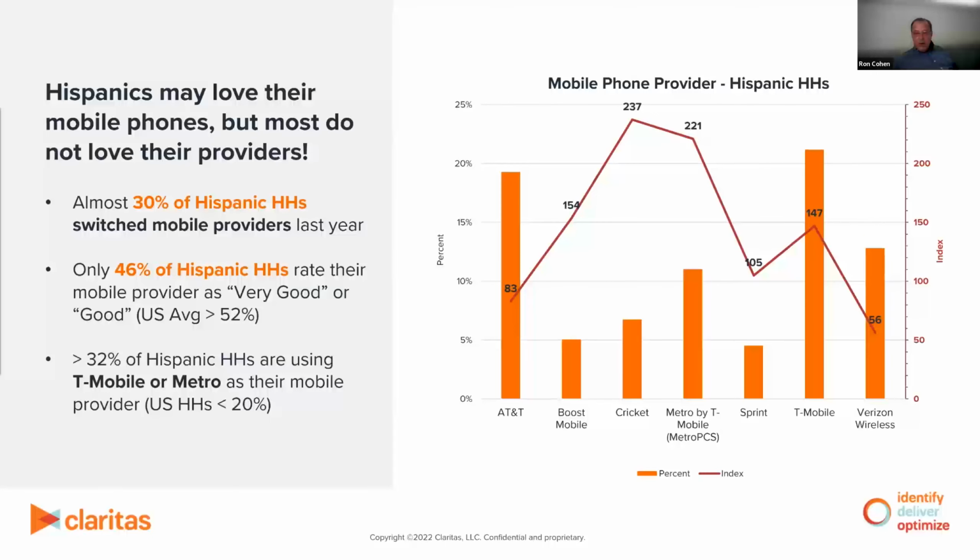Now, T-Mobile acquired Metro, and they've done a fine job of converting Metro customers over to straight T-Mobile plans, such that when you combine the two, they have about a third of the Hispanic market, 32%, according to our research. So they're doing very well. Everybody else, not so much, except for maybe Boost and Cricket in terms of index, but the percents are so low as to be barely significant.